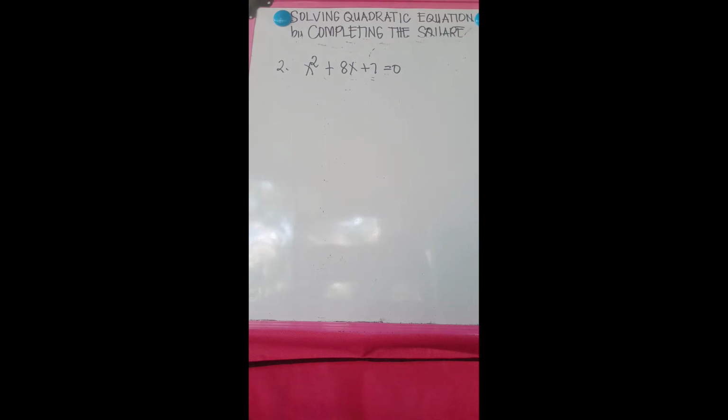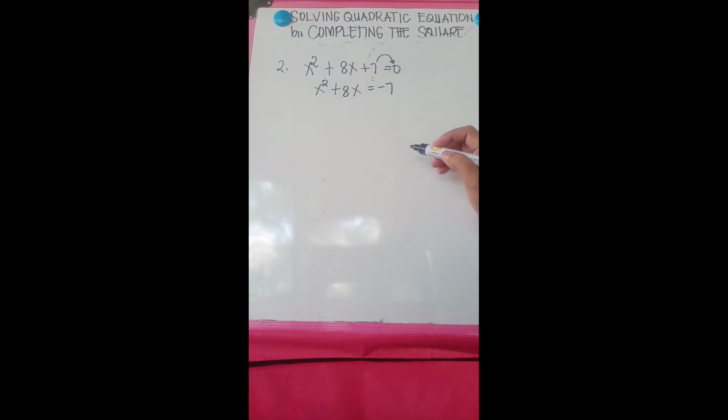So, first step again is transpose the constant term to the right side of the equation. So, ito ililipat natin sa right. So, from positive, 7 will now become negative. Okay, so we have negative 7. Then, the left side of the equation is x squared plus 8x.